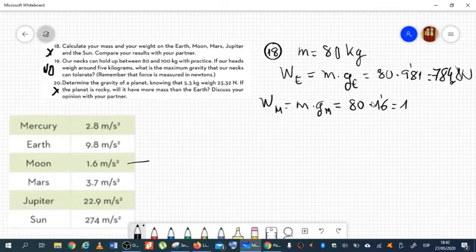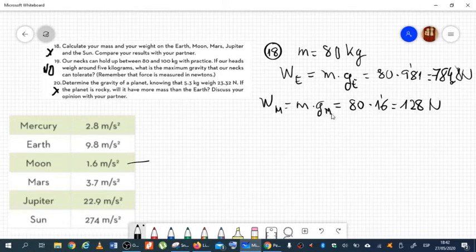It is 128 newtons. So that's why, for example, if you watch TV and see an astronaut jumping, you can see that the astronaut can jump very high with a little effort, because the gravity is very low on the Moon.